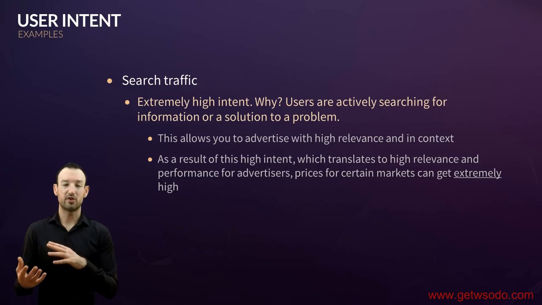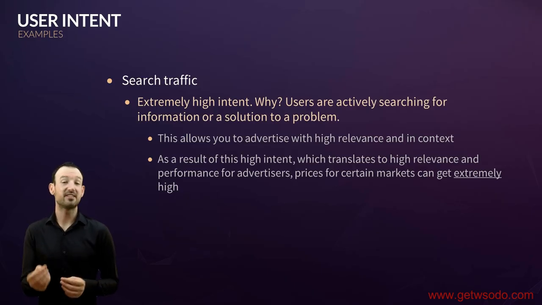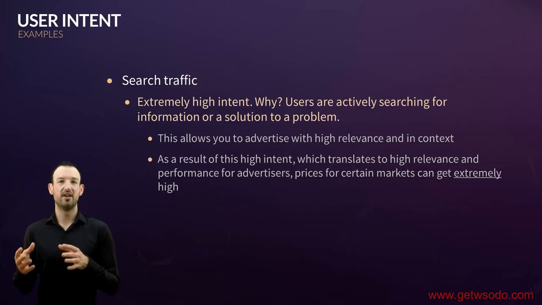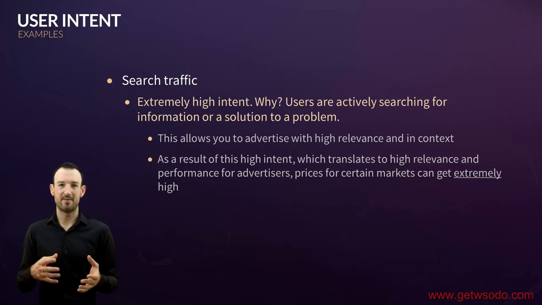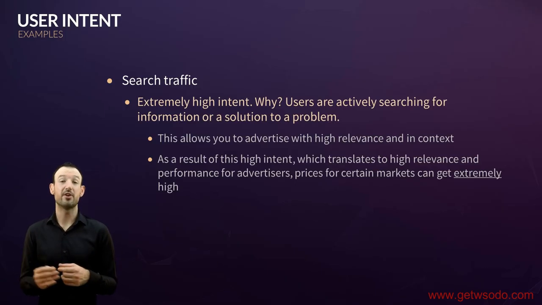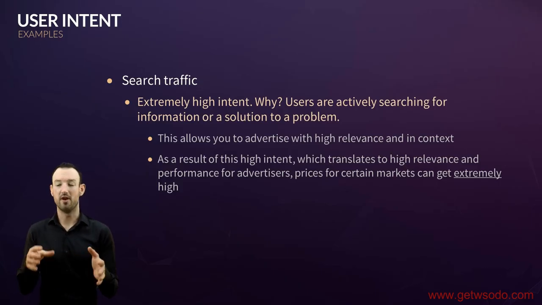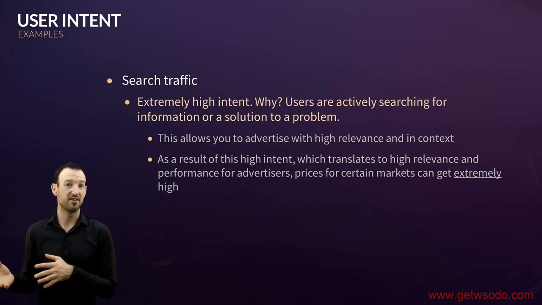So if we look at search traffic, it is extremely high intent. Why? Because users are actively searching for some solution to a problem or for information. So this allows you to advertise to these people with very, very high relevance and context. So someone may search for divorce lawyers in Colorado or divorce lawyers in New York City or something like that.